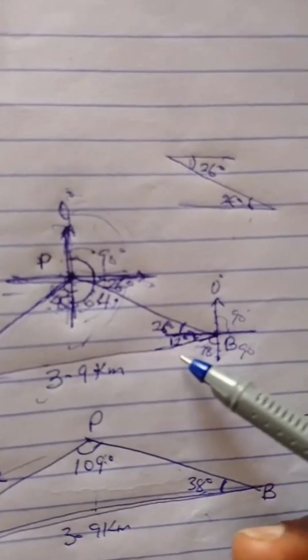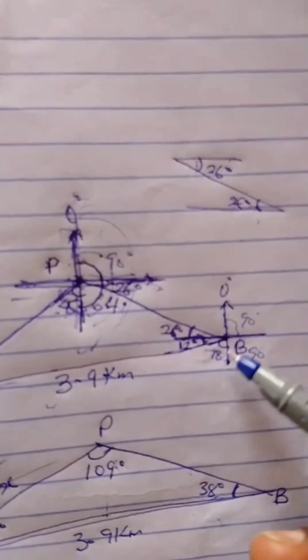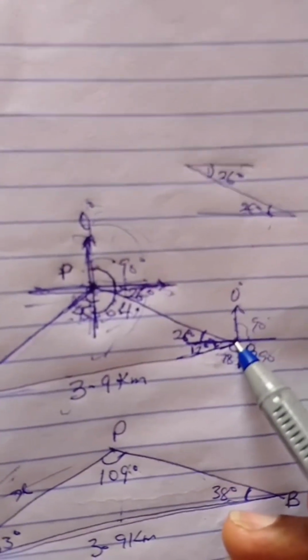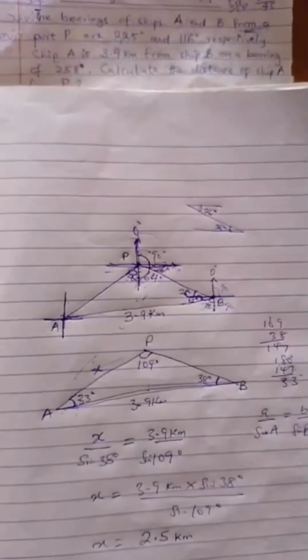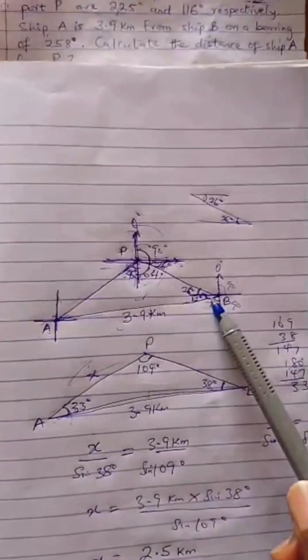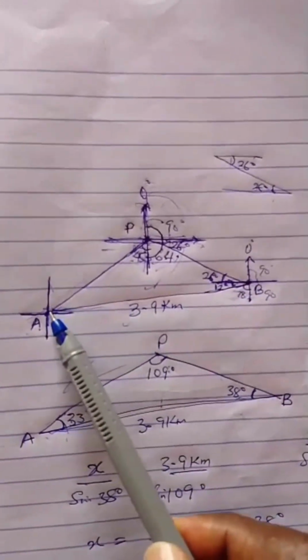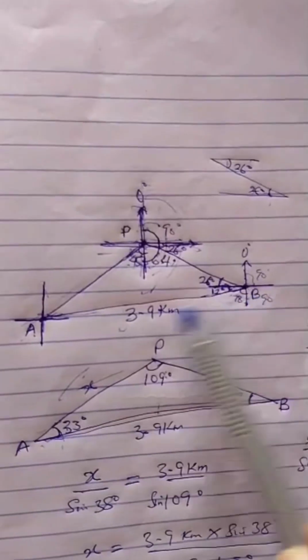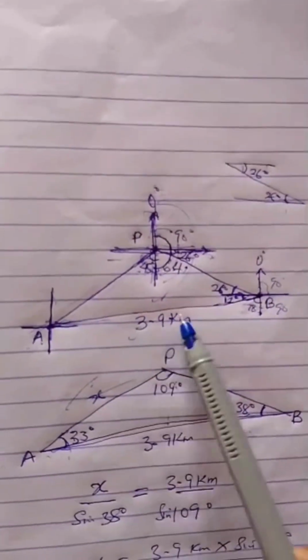You have to agree that it is 78 degrees. So you draw a connecting line from here, going this way. So we've been able to locate A from ship B. The connection between ship B and ship A has been drawn, and we are told it's 3.9 kilometers.